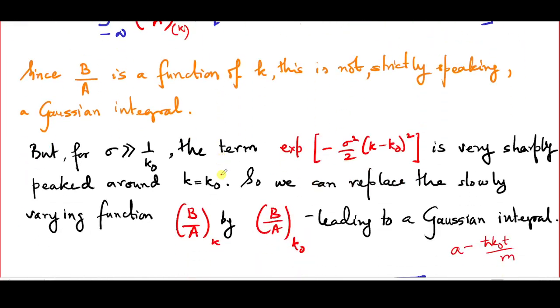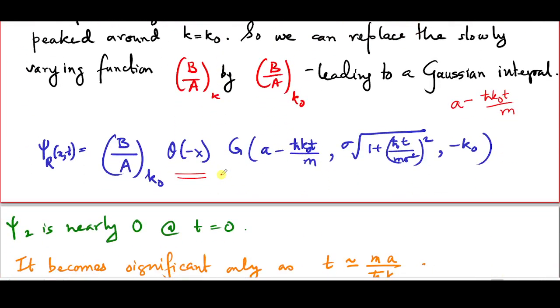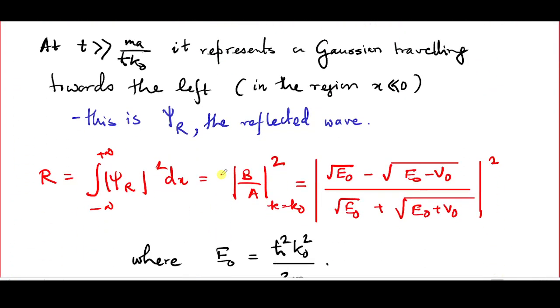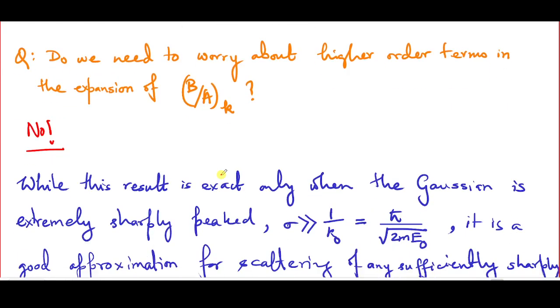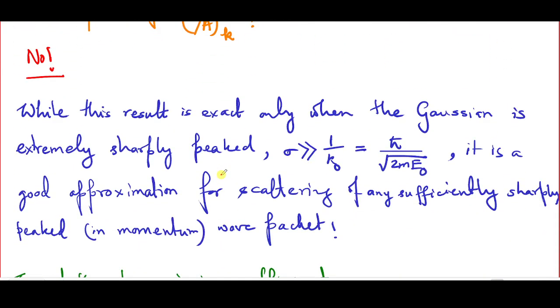So the answer to the question, should we have kept higher order terms in b by a, is no. The sharp peak of the Gaussian essentially gives you a rather good approximation. You have the tools to calculate the thing explicitly and check this out. I'm not going to bother to do that. If you really feel the need to check this out, you're welcome to carry out the calculation.